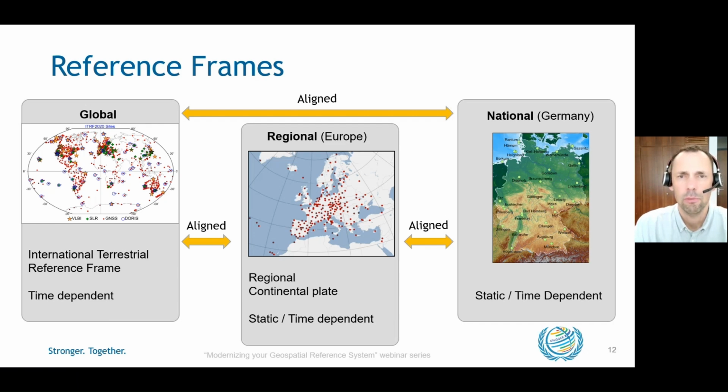The regional datum is therefore aligned to the ITRF and to the national static datum. These different reference frames cover different needs, but are related to each other. This is done by some points of the national static datum that are included in the realization of the regional or global reference frames.